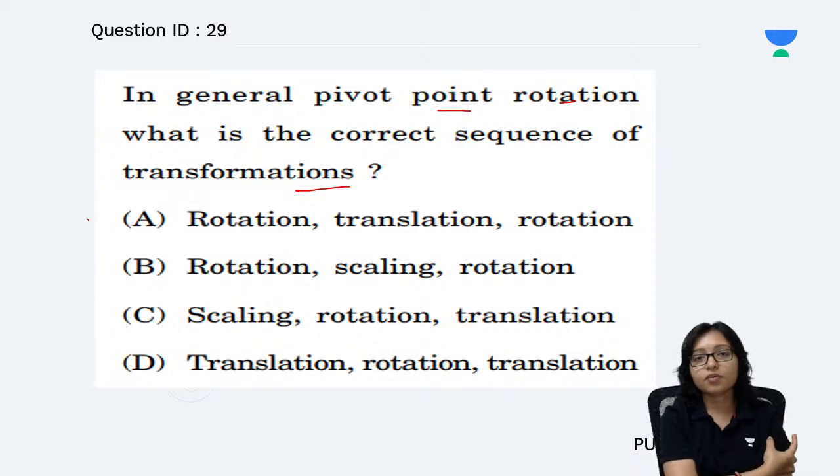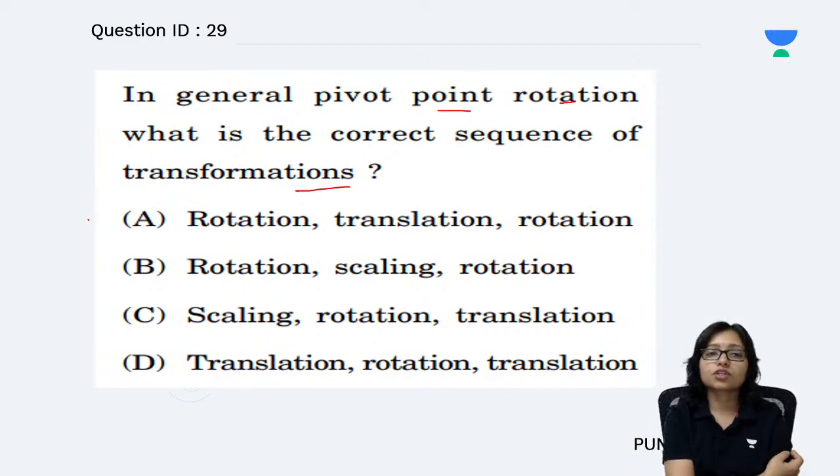In general pivot point rotation, what is the correct sequence of transformation?